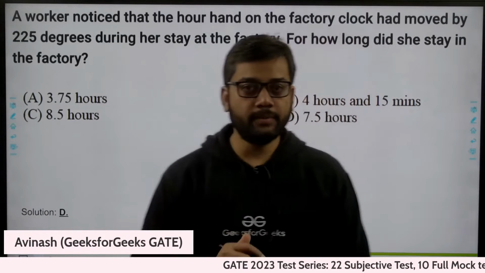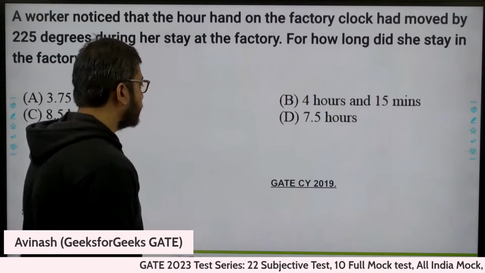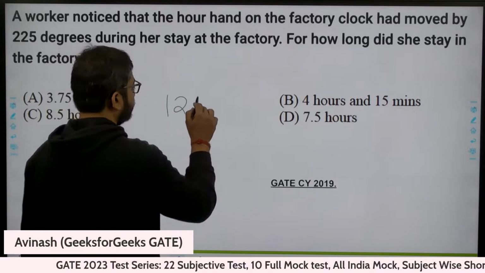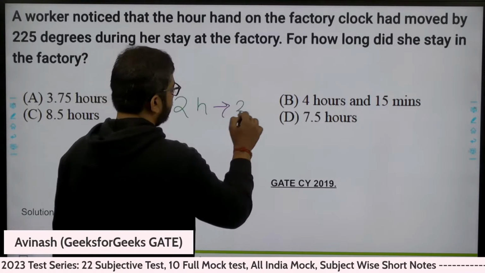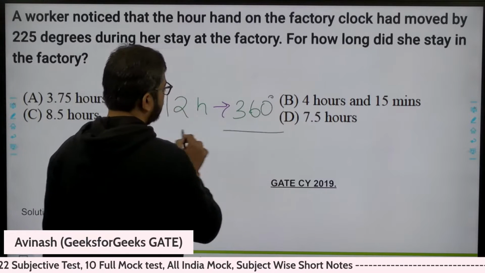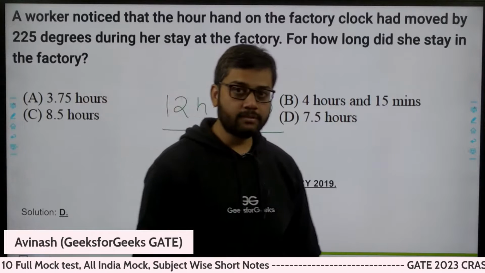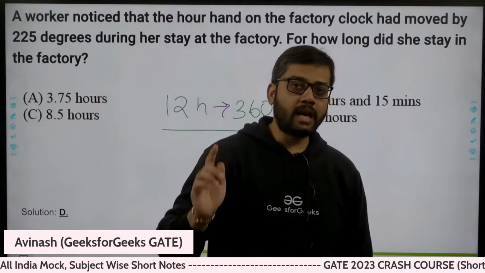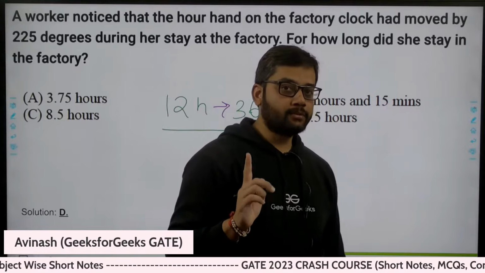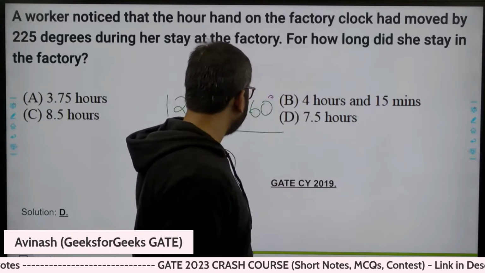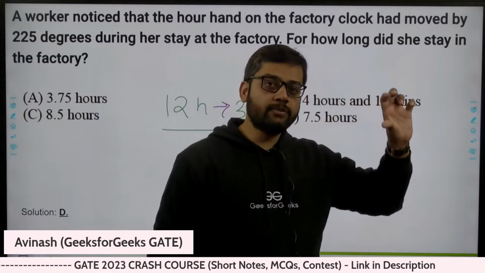Now tell me one thing, how many hours are there on the watch? There are 12 hours, and in these 12 hours the hour hand covers 360 degrees. You agree with me? So in 12 hours, the hour hand moves 360 degrees.